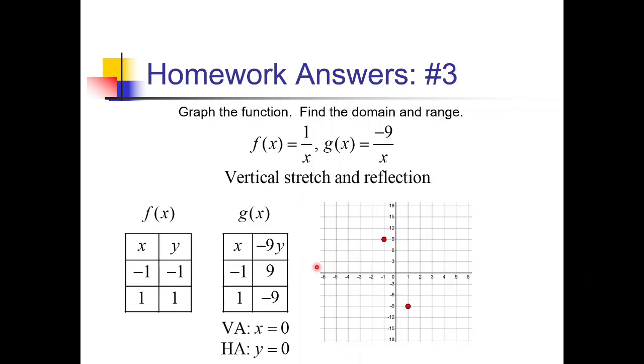So in the upper left, I've got one branch going like this, and in the lower right, we've got another branch going like that, approaching the x-axis. For the domain, we've still got x not equal to 0 because of our vertical asymptote. For the range, we have this horizontal asymptote at y equals 0, so y cannot equal that.